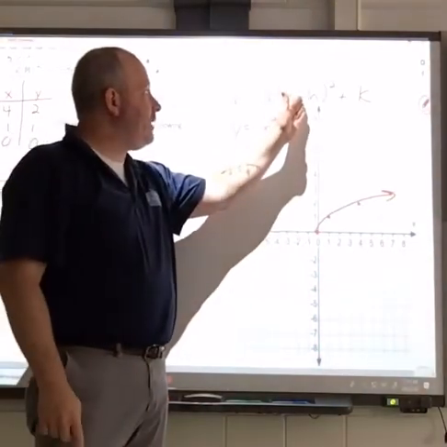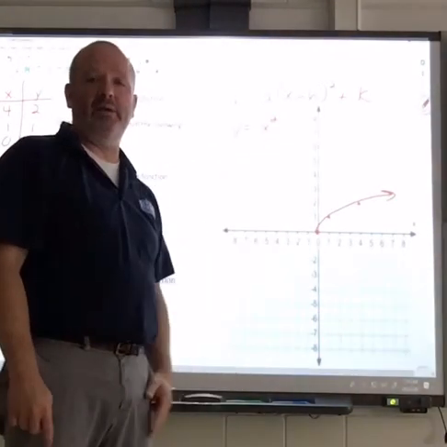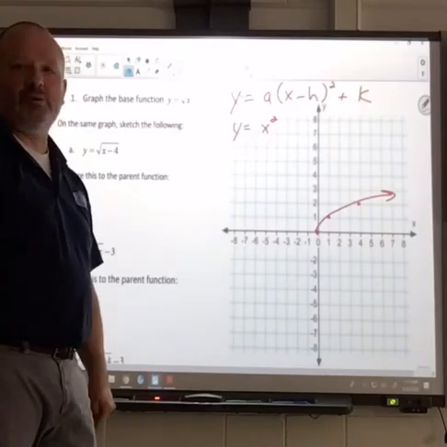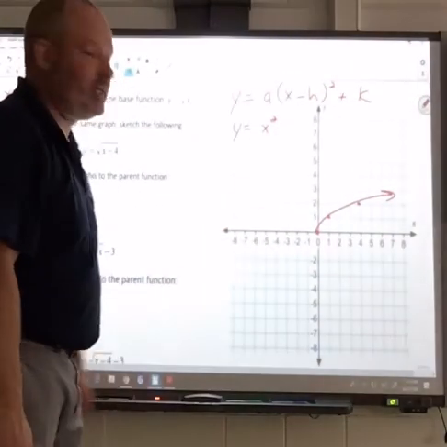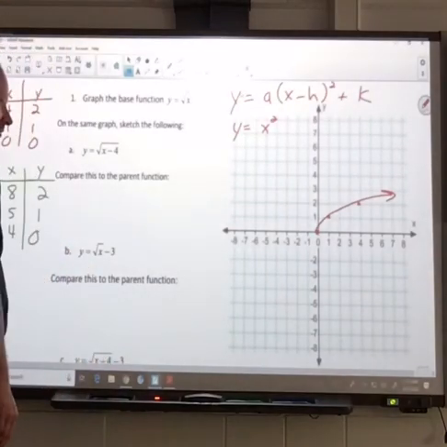For this one we had to change the sign when we were figuring out the h value, the horizontal translation factor. And that's what it is. It shifts things to the right 4 units.